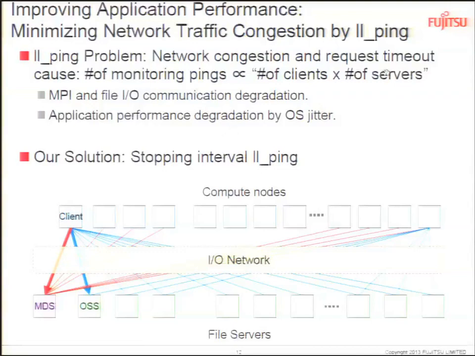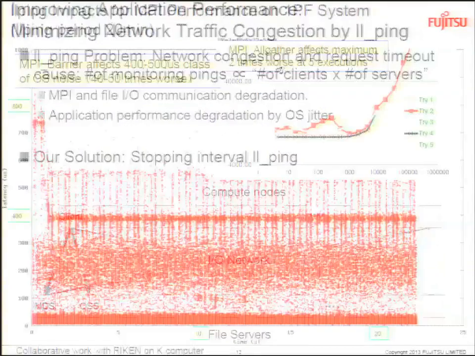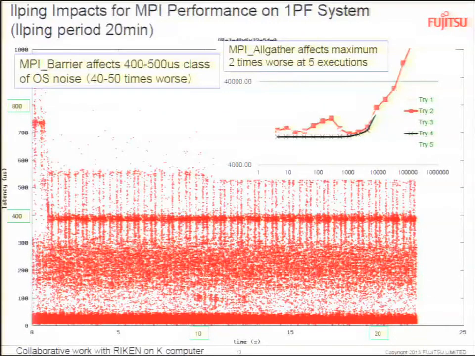Here a ping is a problem. I will skip this one. And here's the result on the real K computer, showing the impact of LL ping on MPI performance on 1 petaflops of processors, only one tenth of the system. This figure shows the MPI barrier result. Because the K computer has a hardware barrier, each MPI barrier takes about 10 microseconds.